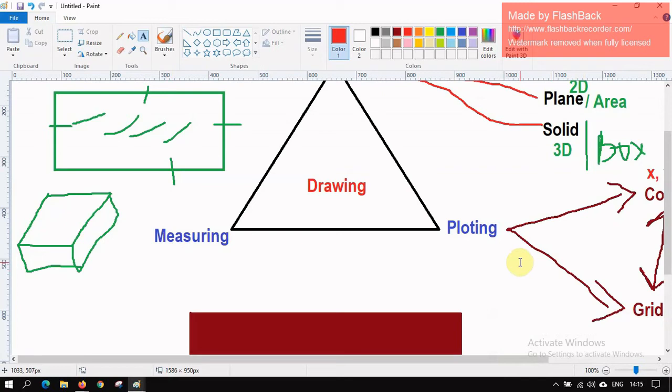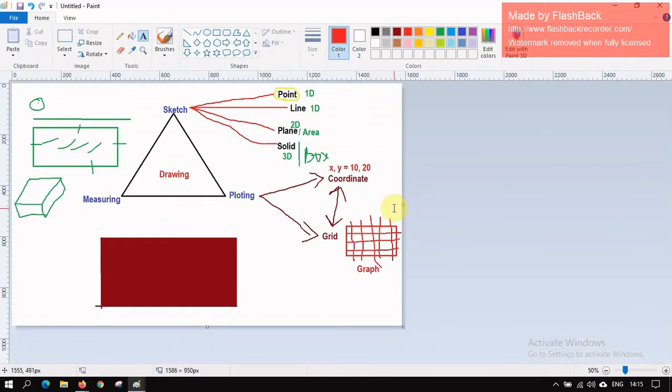Does anyone have any confusion? Any queries? No, sir.